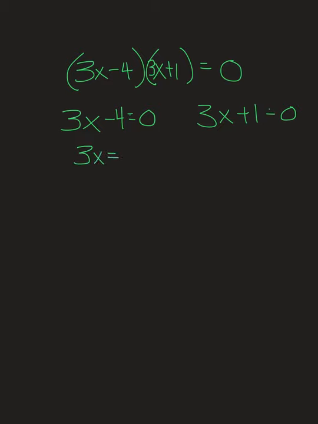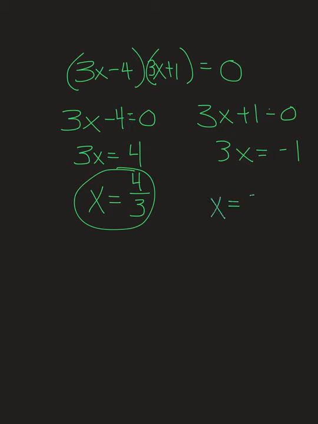You get 3x equals 4. Divide through by 3, and feel free to leave this as a mixed number. There's one of my solutions. In the other one, subtract 1 from both sides. Divide by 3. And you have your two solutions.